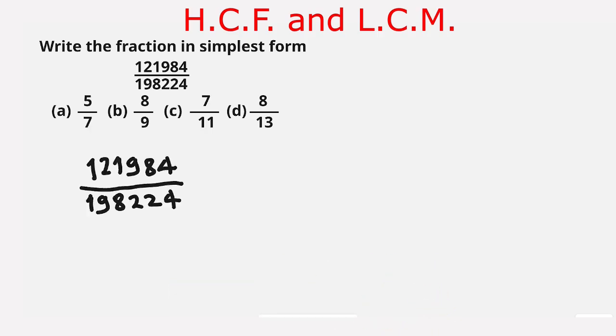On observing the numbers, the numerator and denominator both are divisible by 8. As the last 3 digits of the numerator as well as denominator are divisible by 8, the number is divisible by 8. 8 divides 12 one time.